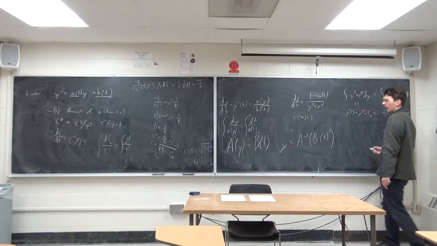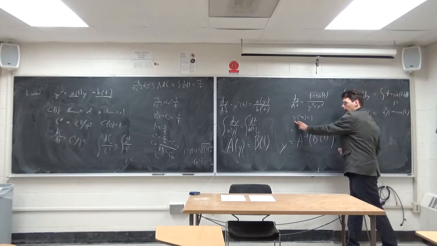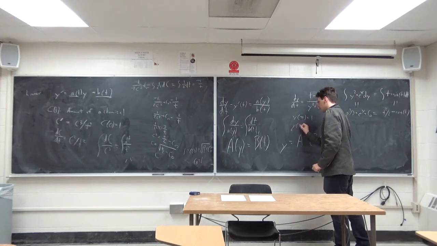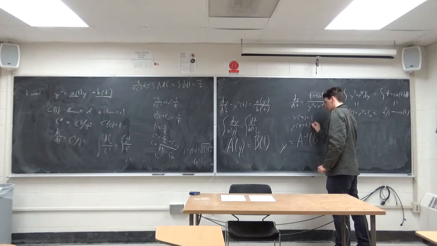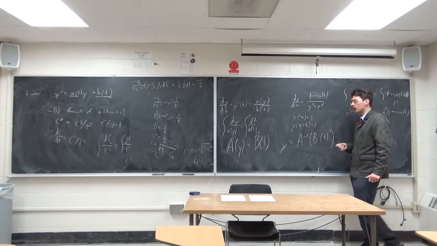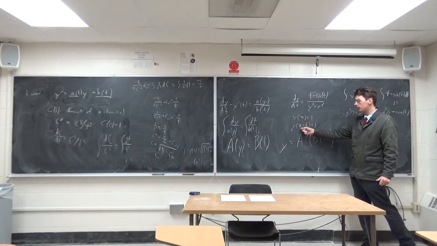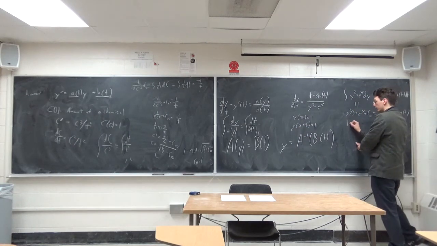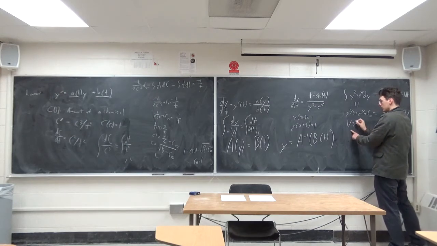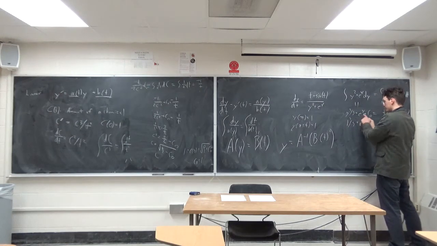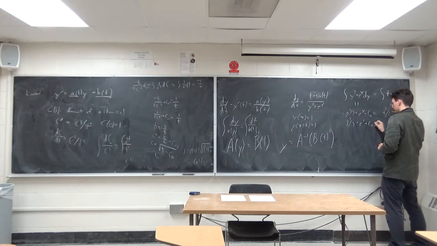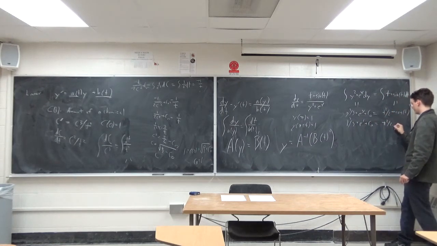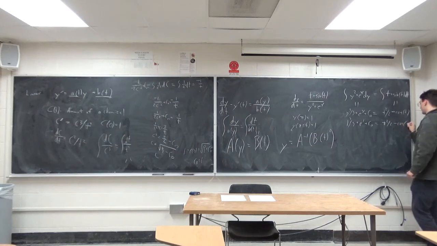Well, another way of writing this, by the way, is y of pi equals 1. So I know that when t equals pi, y equals 1. So I replace y with 1 here, 1 here, and replace t with pi right here and right here.